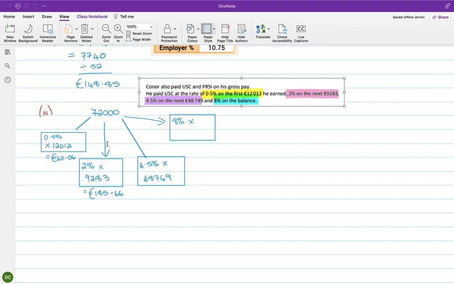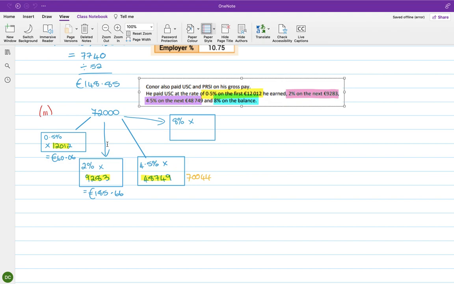Now the next one, I'm just going to check if he makes enough money to pay all of this third box. I'm going to add those three highlighted ones up. 9283 plus 48749. Oh yeah, so those three come to 70,044, and he makes more than that, so he does have to pay that entire pile.